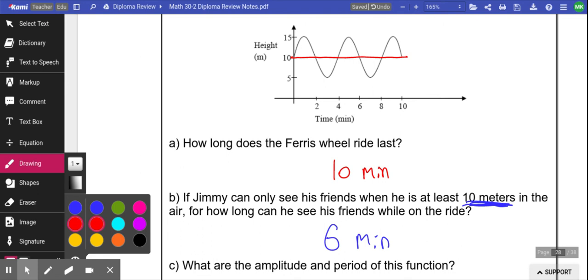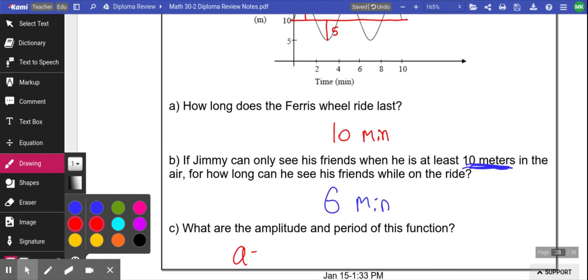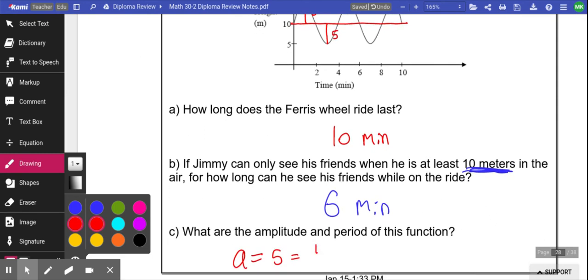I know it's 10 because then the gap from the top to the middle is 5, but the gap from the middle to the bottom is also 5. And it has to be the same, right? You had to split that graph in half. So the amplitude A is 5. You also could have gotten that by taking the maximum value of 15, subtracting the minimum value of 5, and dividing by 2.